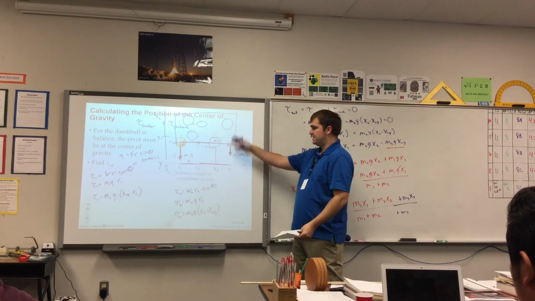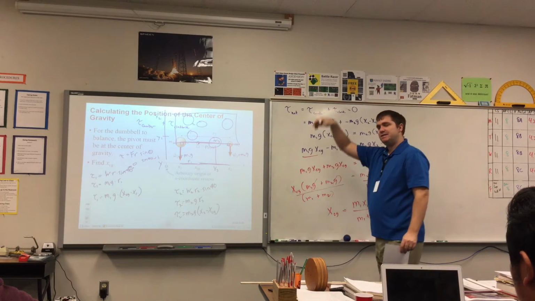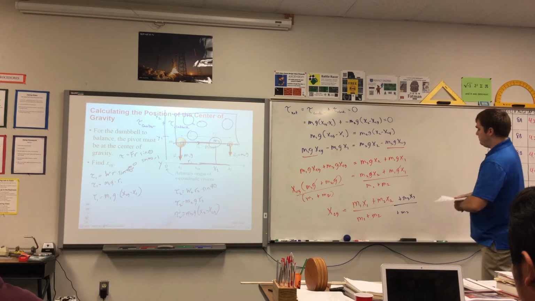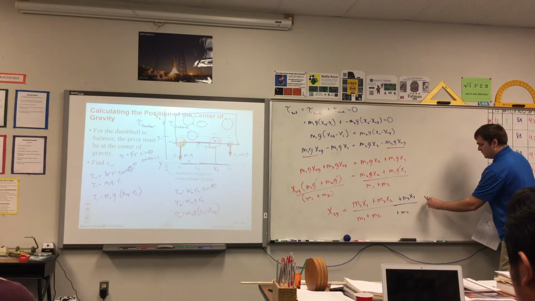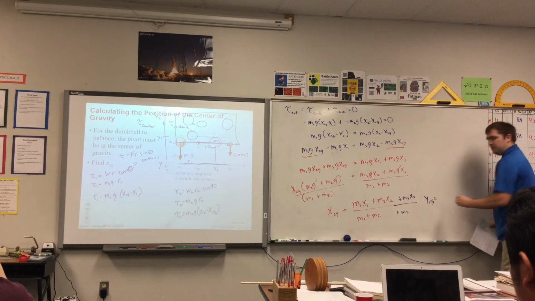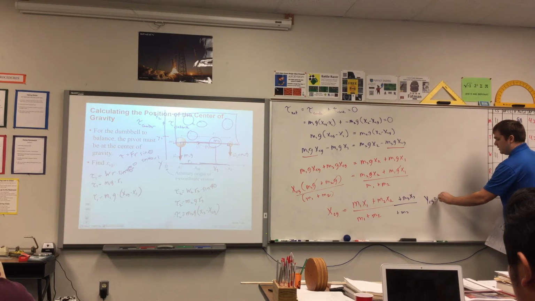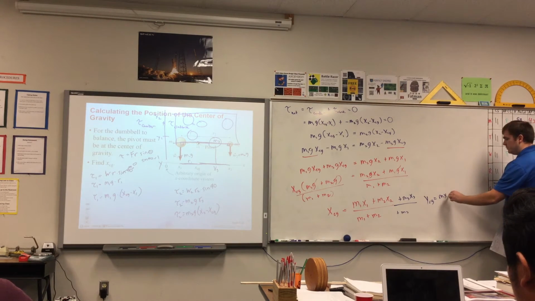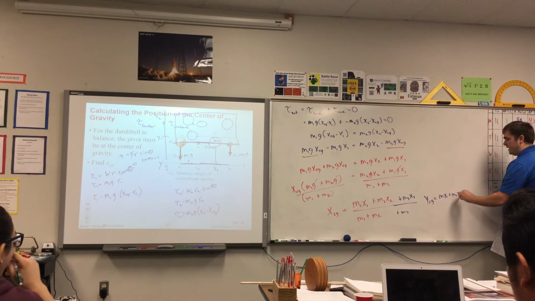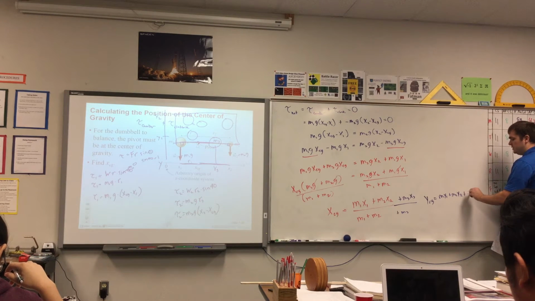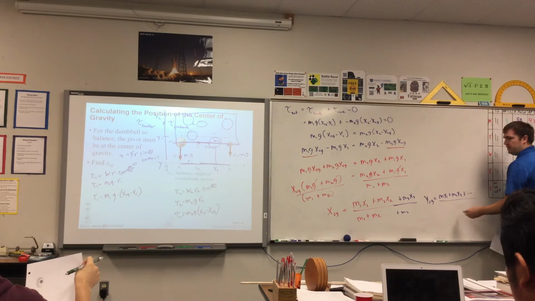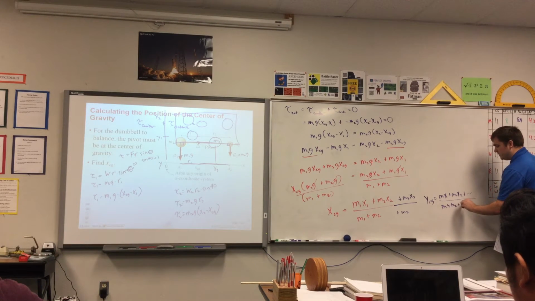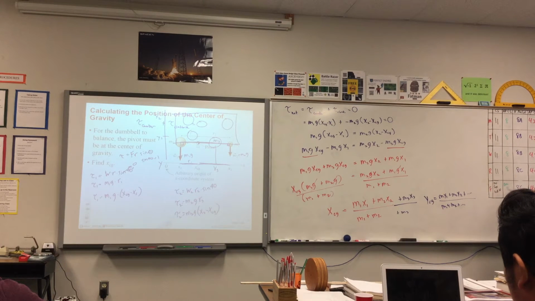And all of that same mathematics is exactly identical with the rotational aspect. And the y position of the center of gravity is equal to the mass 1 at its y1 coordinate plus mass 2 at its y2 coordinate plus so on and so forth, divided by mass 1 plus mass 2 plus mass 3, which ends up actually equaling the mass of the object.